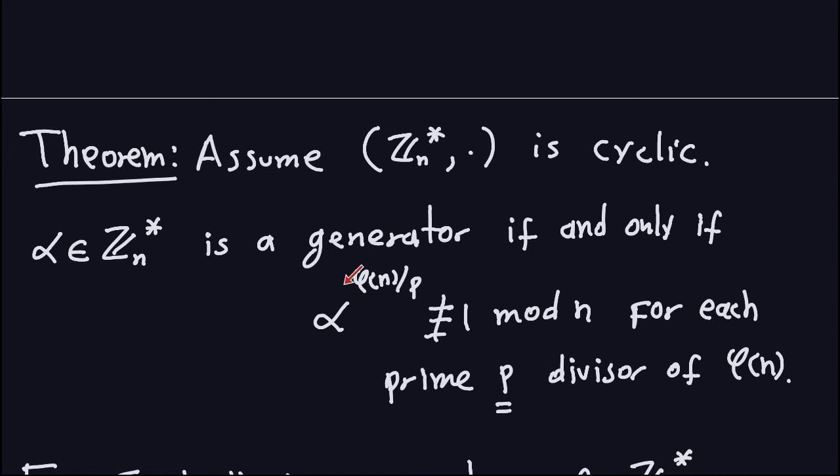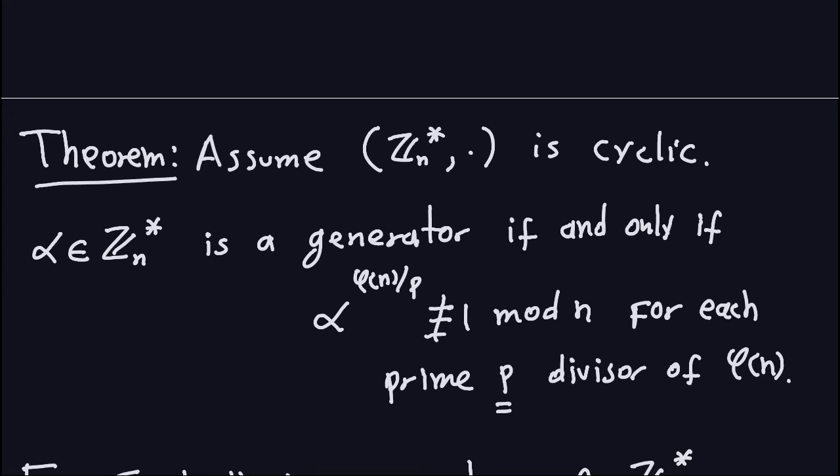We already saw how to compute this function. So I take alpha to this power divided by p, where p is a prime divisor of phi n. If that is not congruent to 1 modulo n for all those prime numbers that are divisors of phi n, then this alpha will be a generator. If it is equal to 1 for at least one prime, it won't be a generator. So this is how I check that an alpha is a generator.